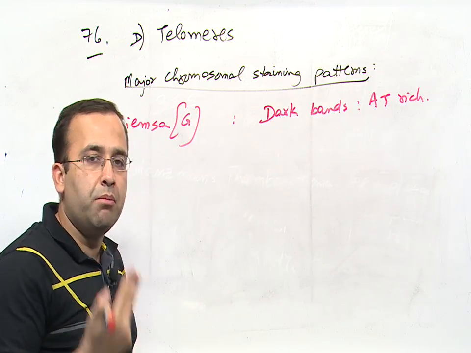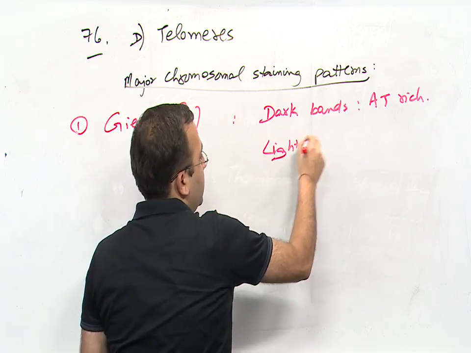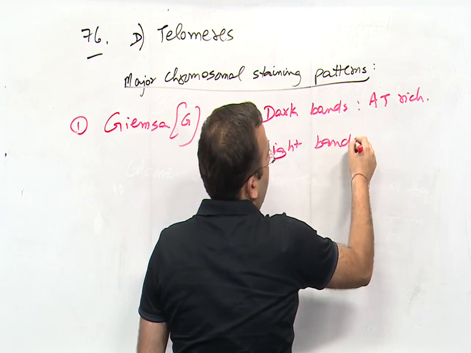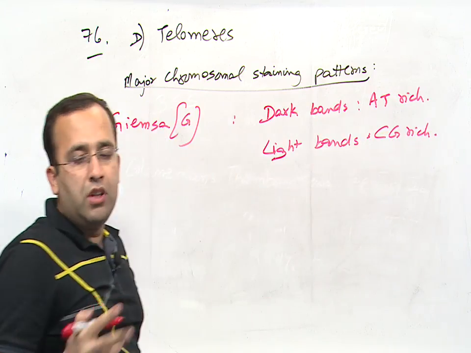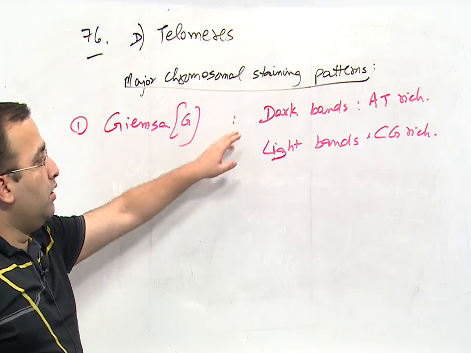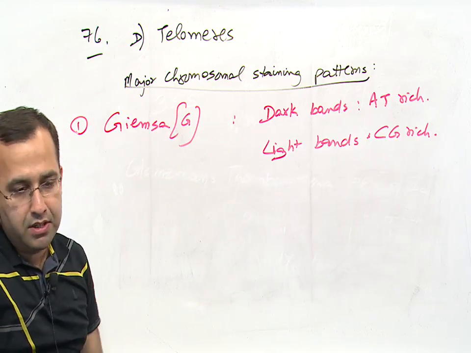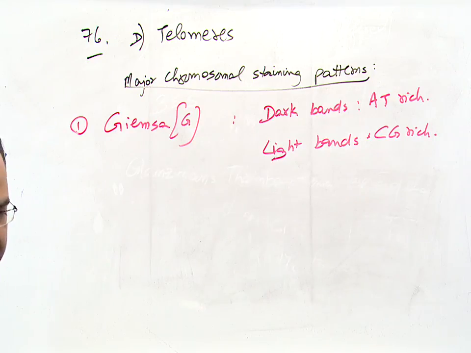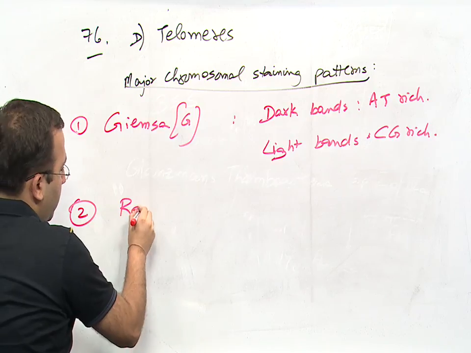A forms a double bond with T. They are AT rich, whereas light bands are CG rich. So if you remember it this way, double bond, dark bands. Triple bond, light bands.